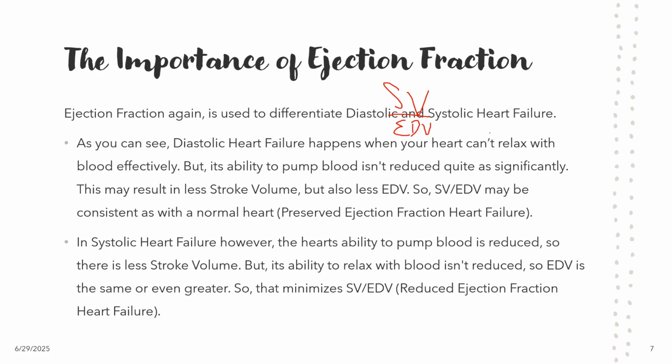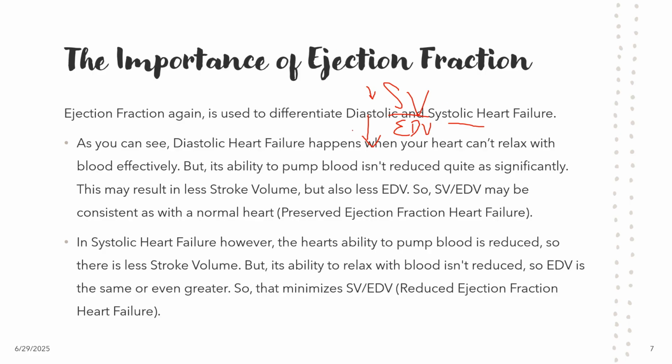But overall, the main thing it affects is the end diastolic volume, or the denominator, becoming smaller, while the heart's ability to pump blood is still not that impaired. So our ejection fraction may become just slightly smaller.